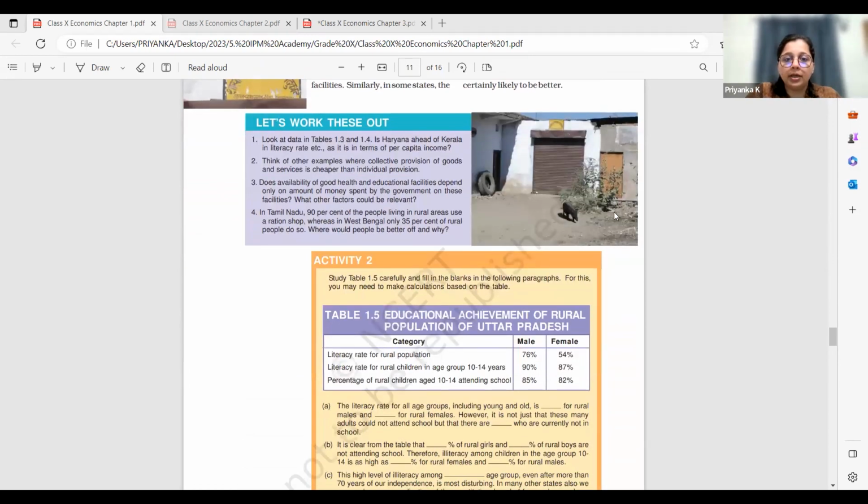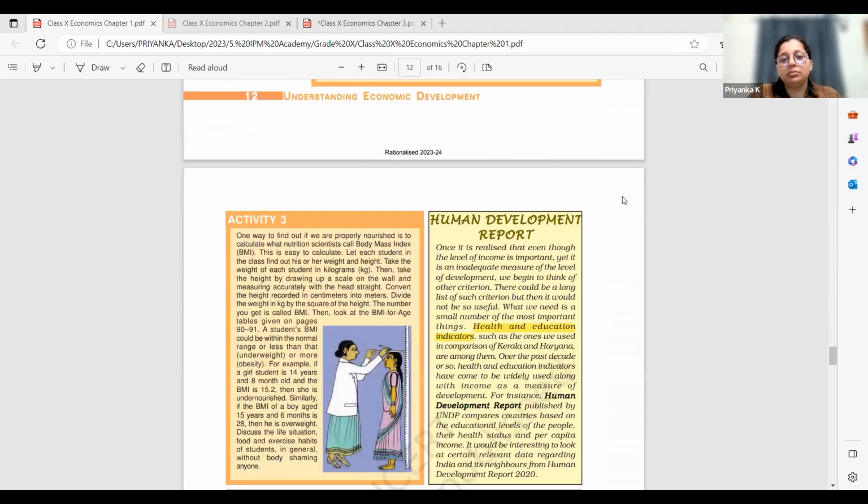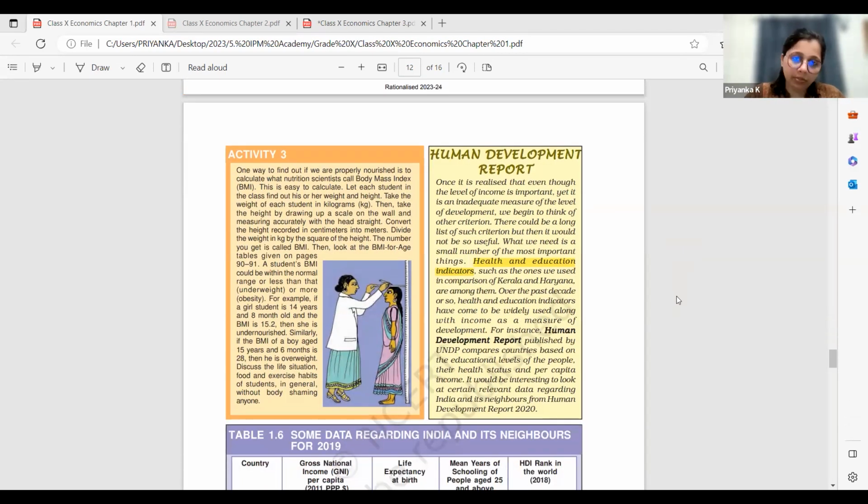Now, there are certain tables which are not important for UPSC aspirants. Every aspect in this chapter does not count as important. I'm just taking the important things. So, the Human Development Report. These days, when you go to the governmental sites or the development indicators, you can see a term called Human Development Report.